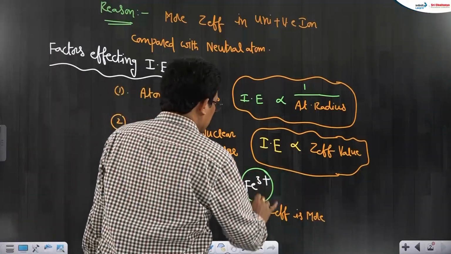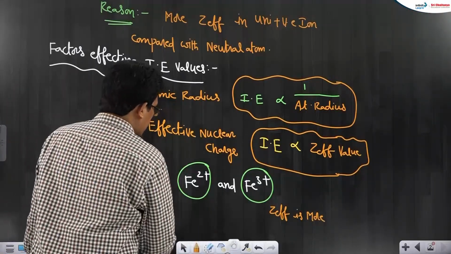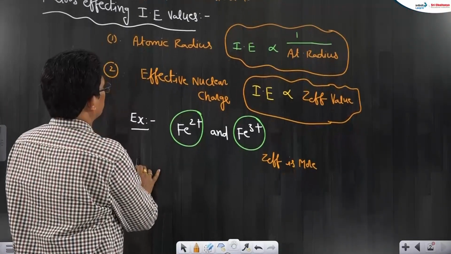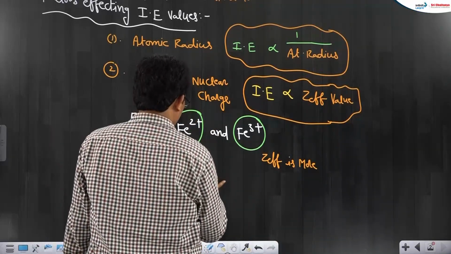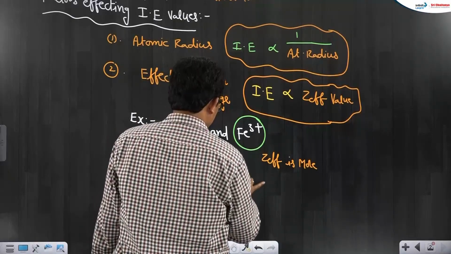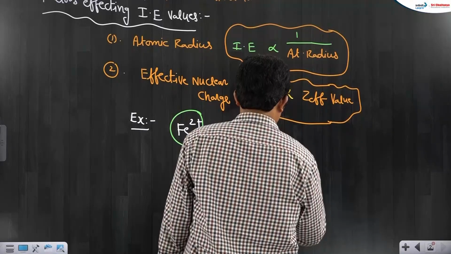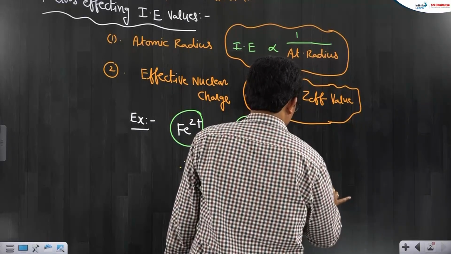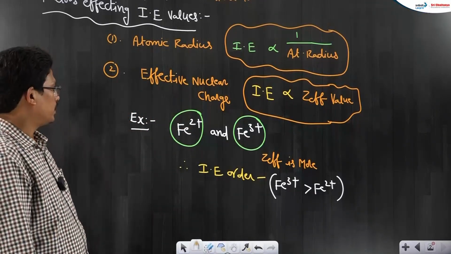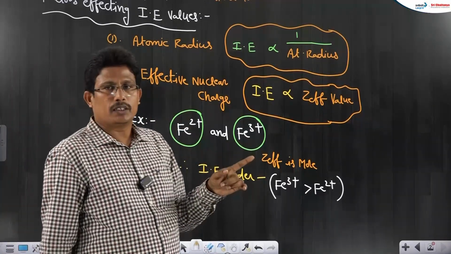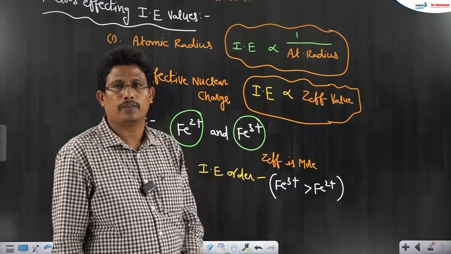So the ferric ion requires more IP than the ferrous ion. Therefore, the order of ionization energy is Fe3+ greater than Fe2+. As magnitude of positive charge increases, Z effective value increases, so ionization energy value increases.